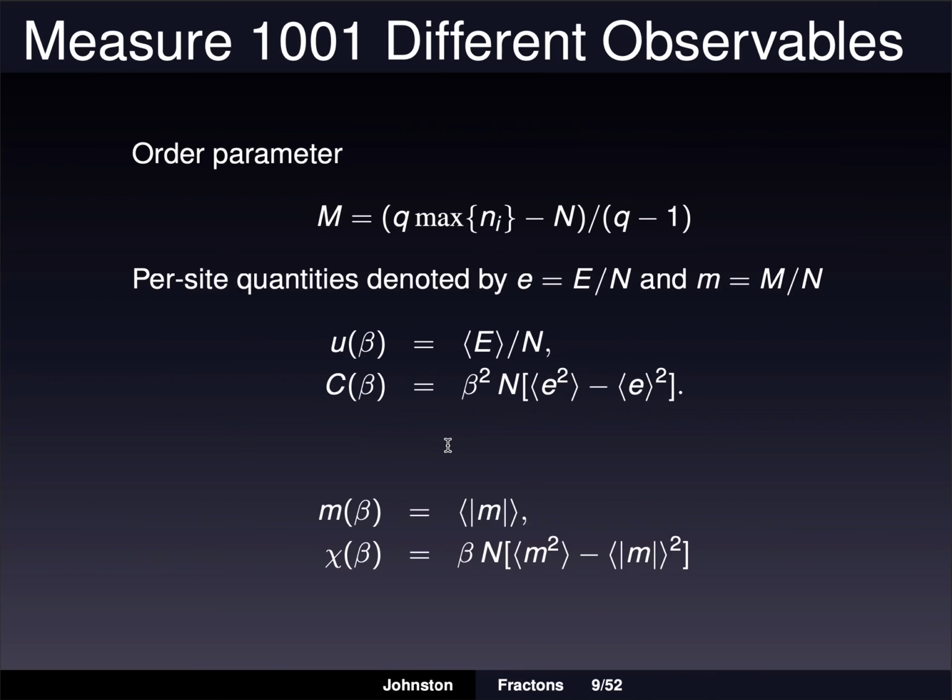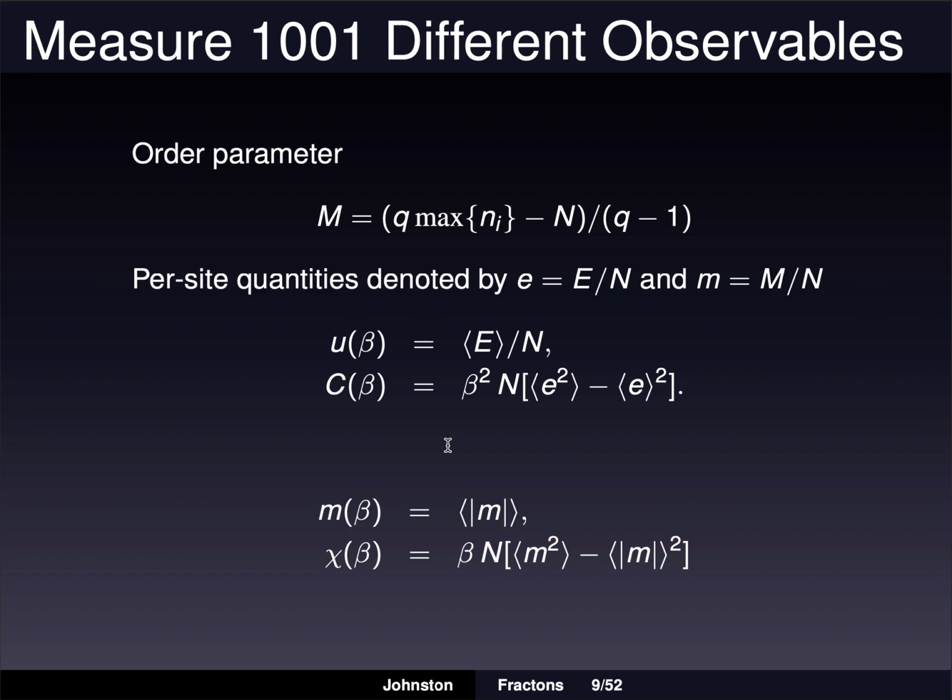So, what do these observables, these things that we measure in a simulation, look like? The thing that we're most concerned in finding or measuring in a simulation is the order parameter in the model. This is something that will be 0 in a disordered phase and then 1 in an ordered phase.